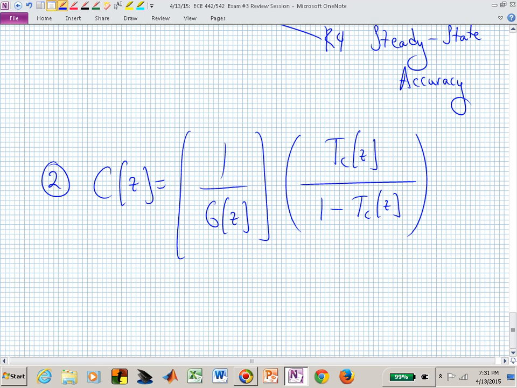Pole zero excess of 1, two unstable zeros in your original system, and you have design specifications in T sub C of Z that are specifying a second order denominator polynomial. Do you have to do anything special to meet any of these restrictions?